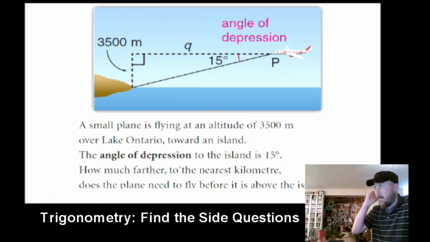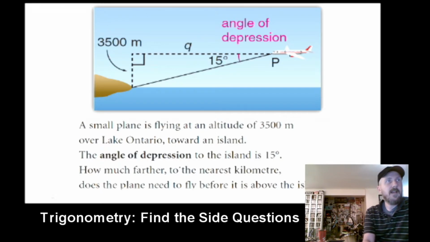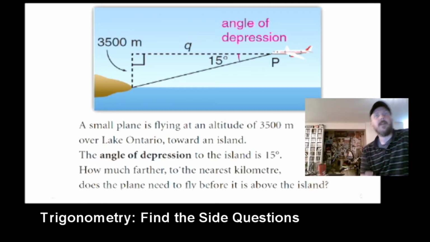Okay. We're still doing find the side here. This one is a slightly trickier question. A little bit of it's cut off, but I'll show what it says here. There we go.